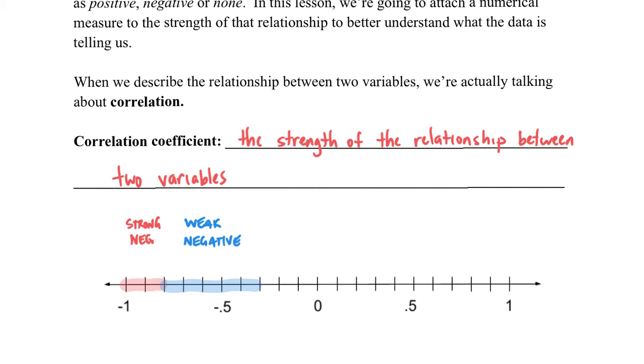If you're between -0.3 and +0.3, we would say that there's no correlation there.